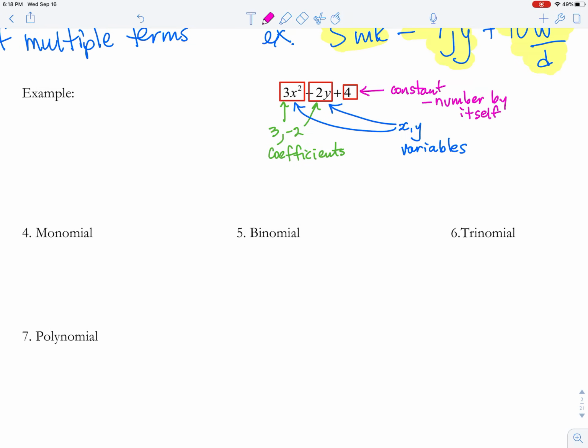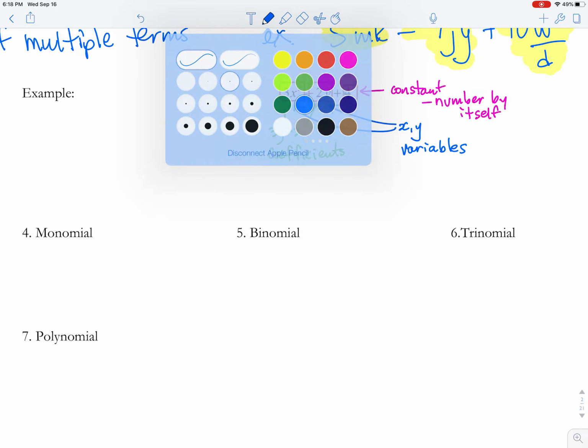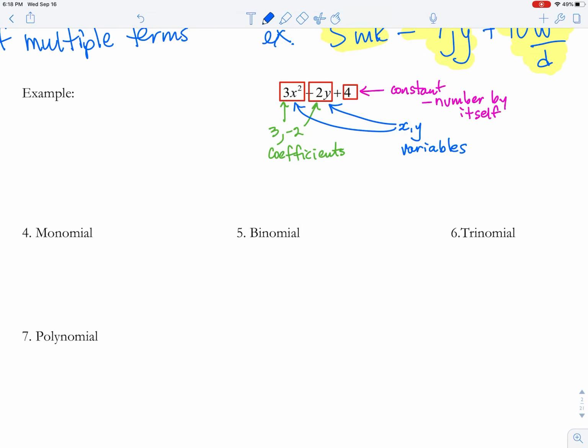Also, a couple more words we need to know. Monomial, like a monocle, old-fashioned, the single lens that you hold in front of your eye. So the mono is going to be where we have 1 term. Binomial, like bicycle, is going to have 2 terms.